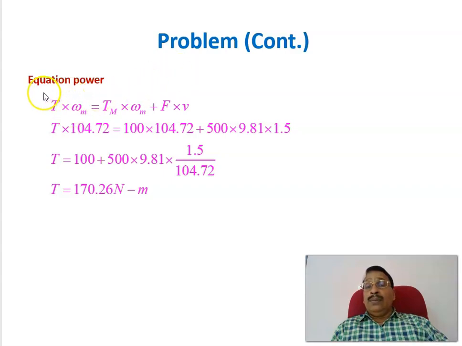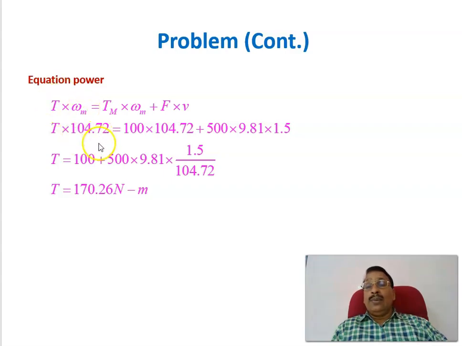Continuing this problem, in order to find the equivalent torque T, we equate the power. Therefore, T into omega m equals the torque produced by the motor, Tm into omega m, plus the load side, that is force into velocity, F into V. This is the basic equation equating the power, and from this you can find the unknown, the equivalent torque.